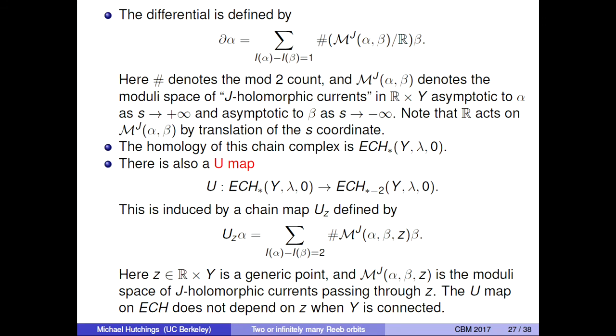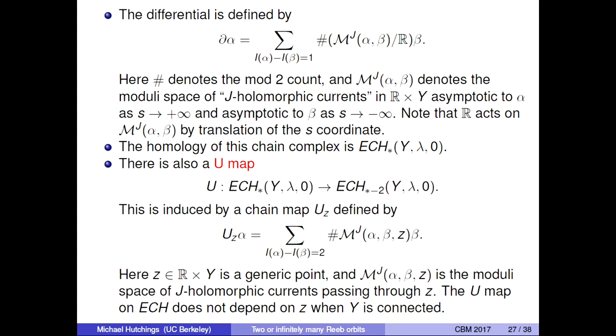And what's even more important for the talk today is that there's a map on this called the U map. This map decreases the grading by 2. It's defined like the differential, but instead of just counting holomorphic curves from alpha to beta, I also require these holomorphic curves to go through some point.